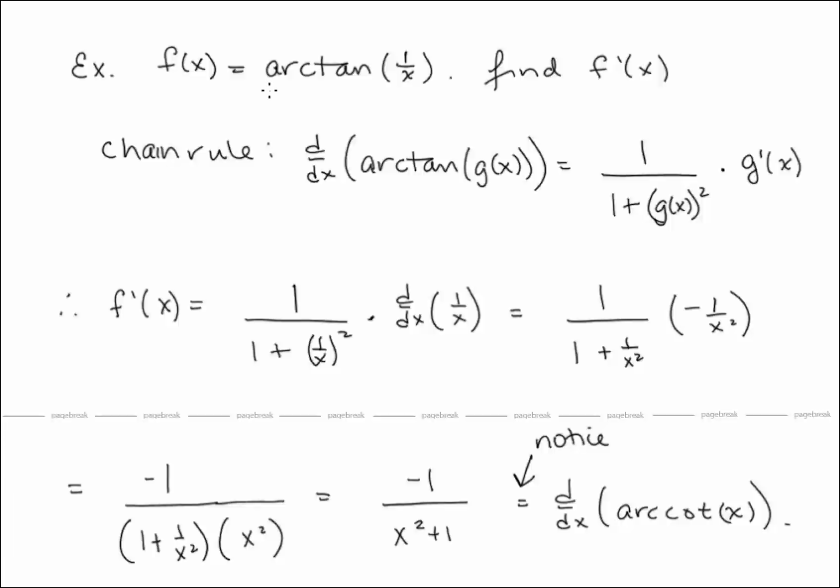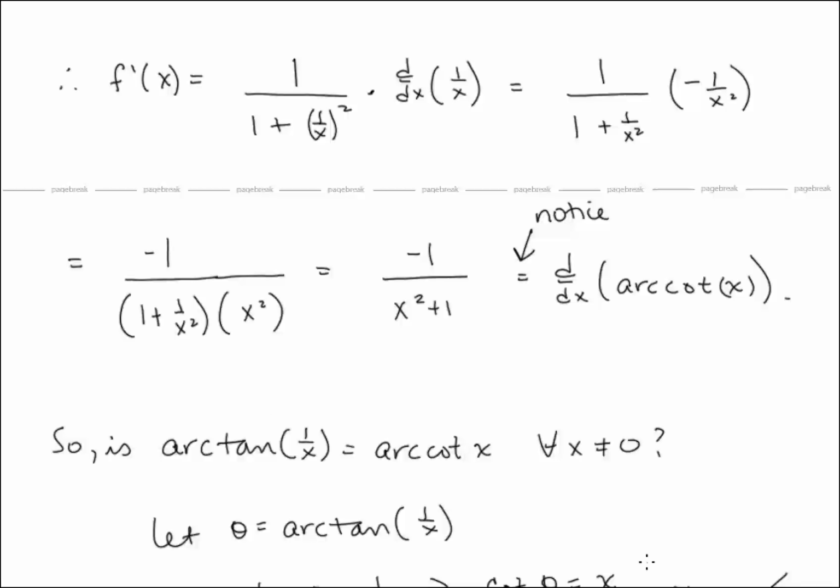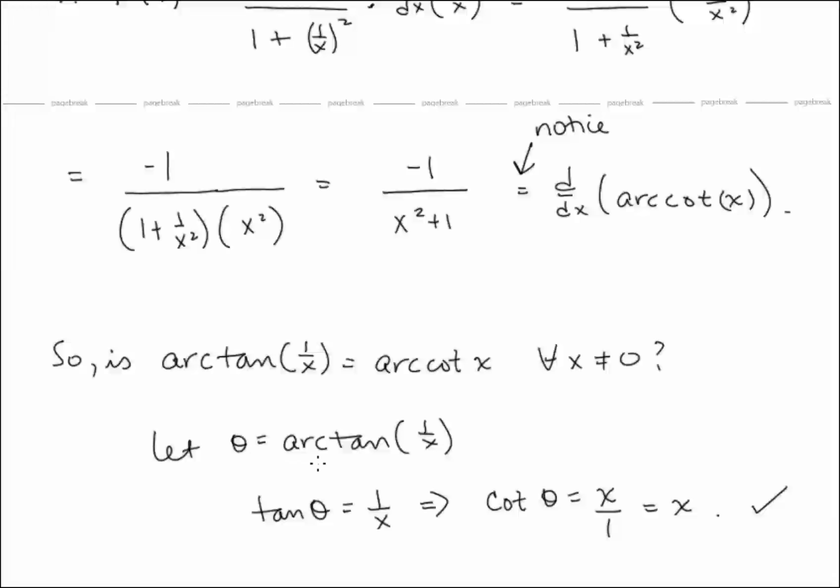We found that arctan of 1 over x has the same derivative as arc cotan of x. So are those functions the same? Or maybe do they differ by a constant? Let's take a look. Let's call arctan of 1 over x theta. That says tangent of theta is equal to 1 over x.